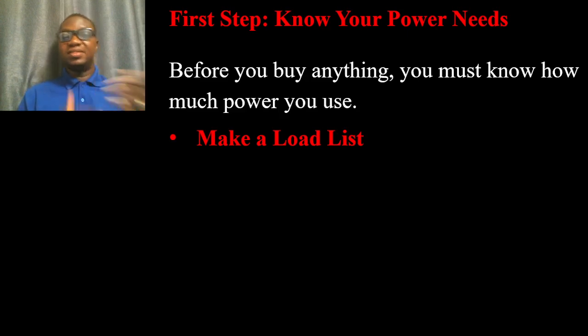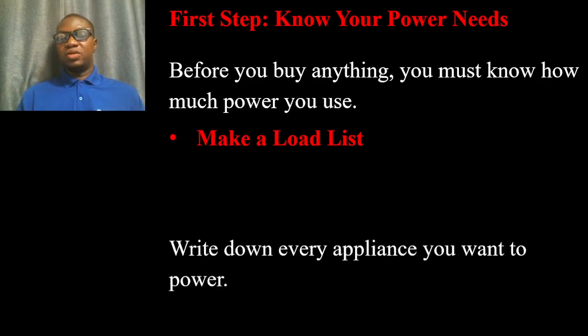A load list is a list of all the appliances, all the things that you use in your house. Maybe you have LED bulbs: how many watts, how many pieces, and how long do you use those things. So that is what a load list is all about.